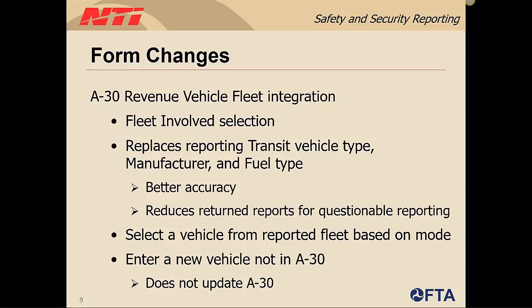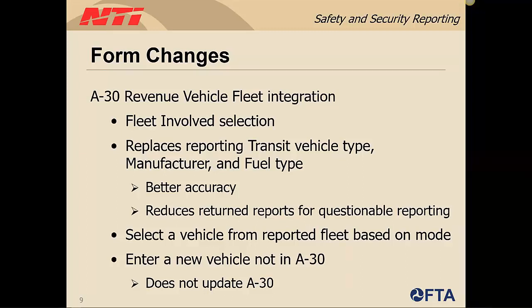So again, the current form for the transit vehicle involved or the transit train involved requires you to choose the vehicle type, the manufacturer, and the fuel type, with some exceptions based on mode. And what comes up when you go to choose this, as you know, is a list of all of the available options of all manufacturers, all vehicle types, and all different kinds of fuels.